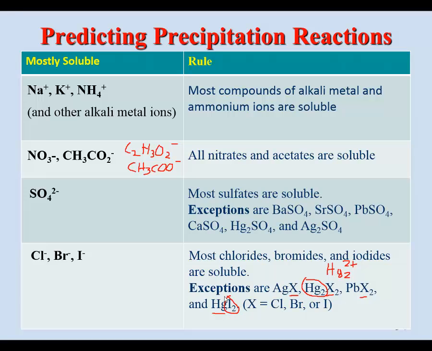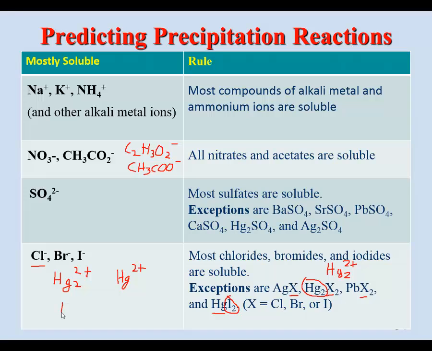So if I were to add chloride to a solution that contained both mercury 1 and mercury 2, I could actually separate these two ions. Because what would happen is that the chloride ion would precipitate with the mercury 1 cation, but not with the mercury 2.